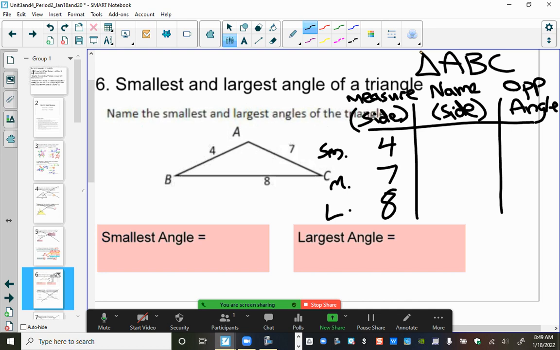See where the number 4 is? The number 4 is between what two letters? A and B.